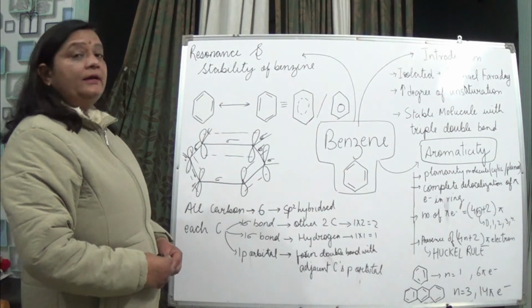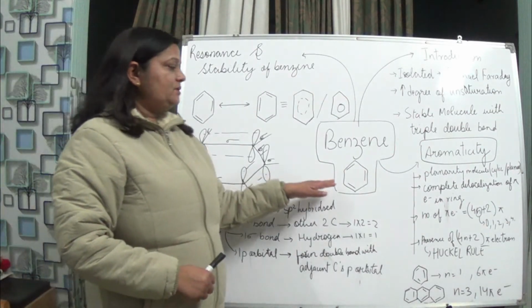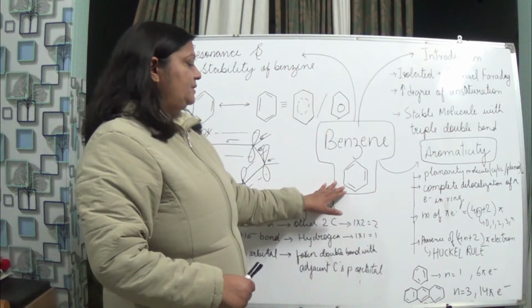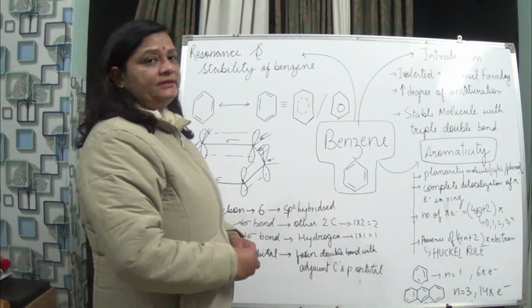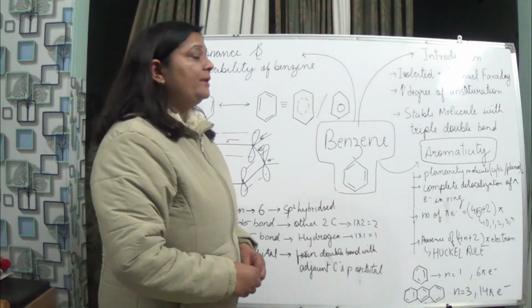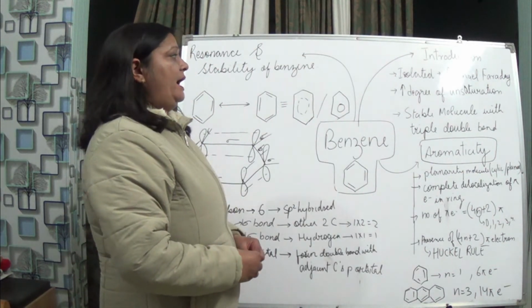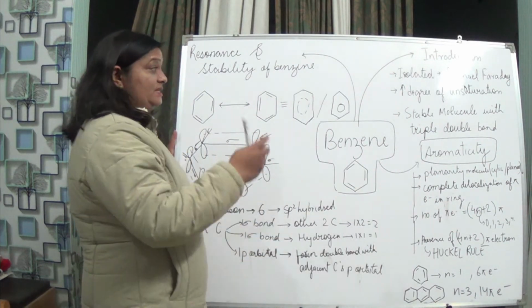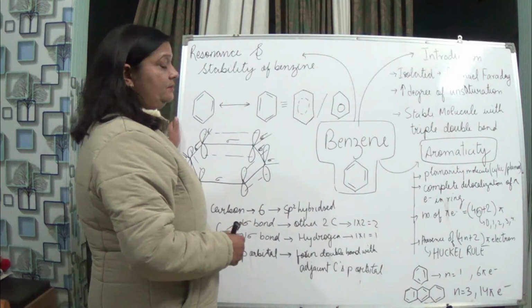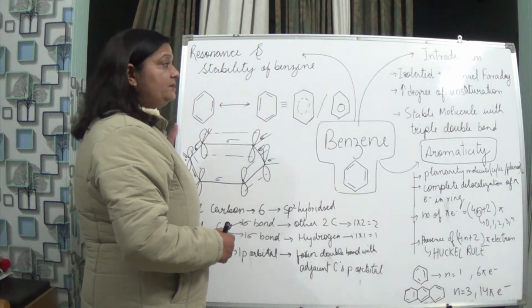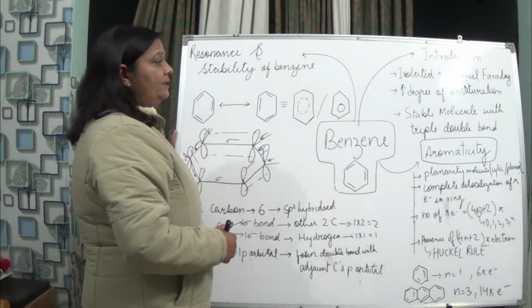Now let us study benzene. We all know the structure of benzene. It is like this, isn't it? So who isolated benzene for the first time? He was Michael Faraday. And it was seen that benzene has a high degree of unsaturation, a totally unsaturated hydrocarbon.